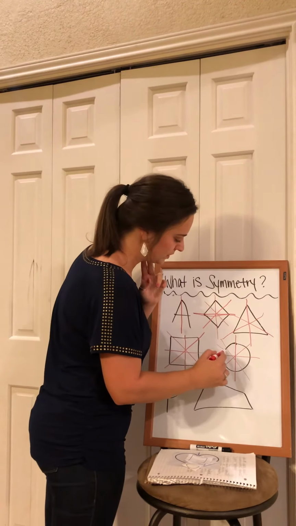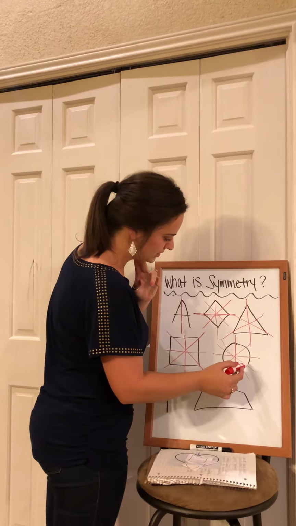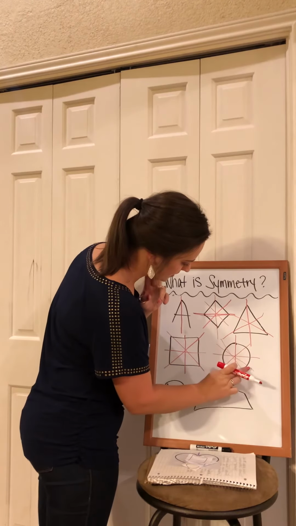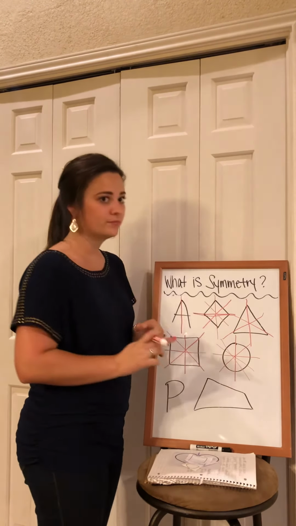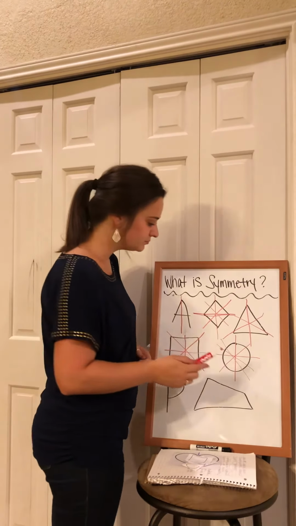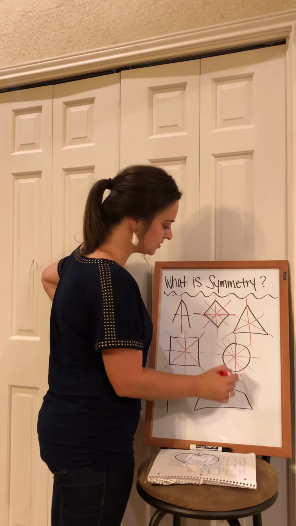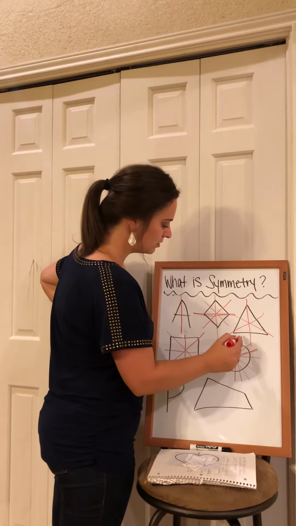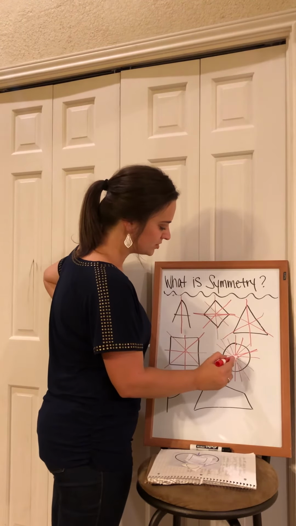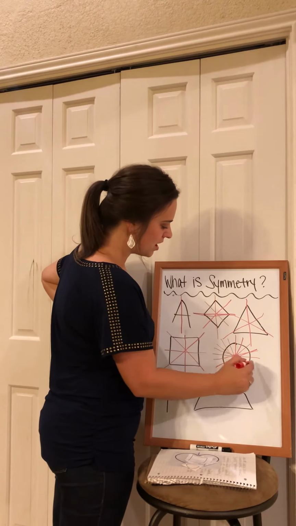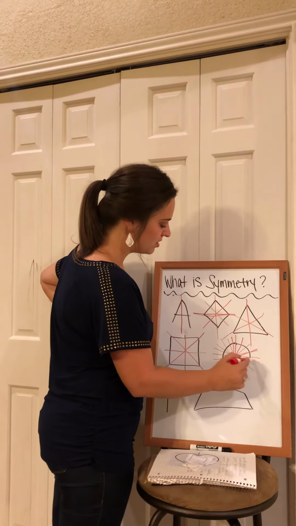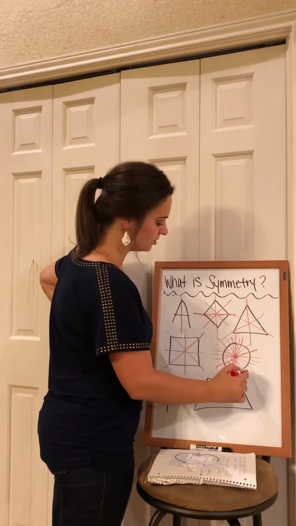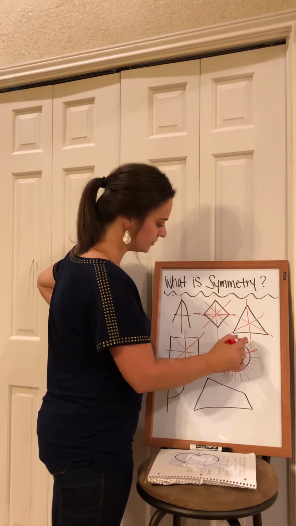What if I place one here? Does this side match this side? It does. You guys, this circle, I can place as many lines as long as they're down the center. I can place an infinite amount of lines on here, guys, and they are all going to be symmetrical.